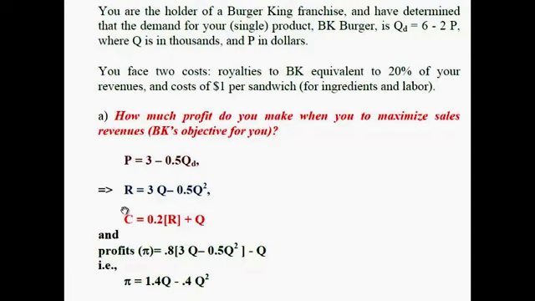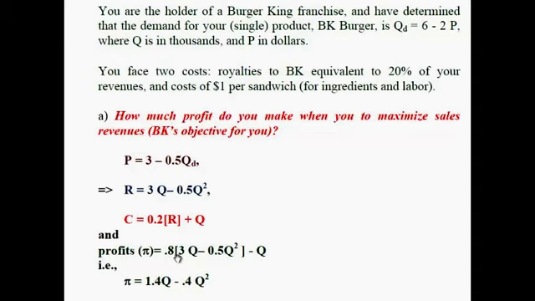So if I were to take the two equations for cost and revenue, I subtract 20% of the revenue from 100% of the revenue, and that's where I get 0.8, which is 1, or 100%, minus 0.2, or 20%. 0.8 of the revenue is what the franchisee gets to keep, and then he subtracts the cost of production.